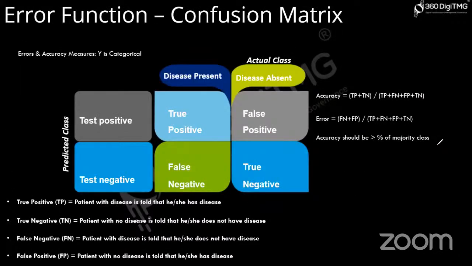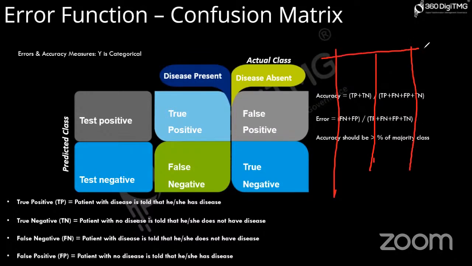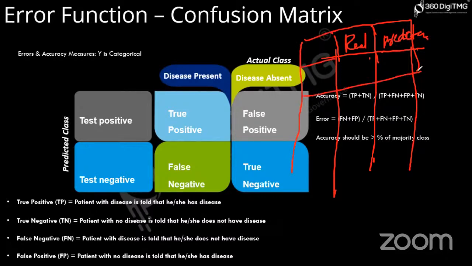Let's say the data frame outputs we have are the real outputs, and these are the predicted ones. We are predicting COVID.